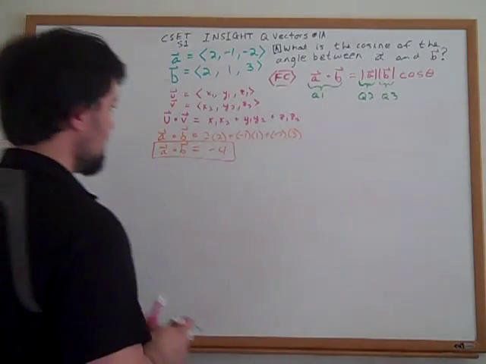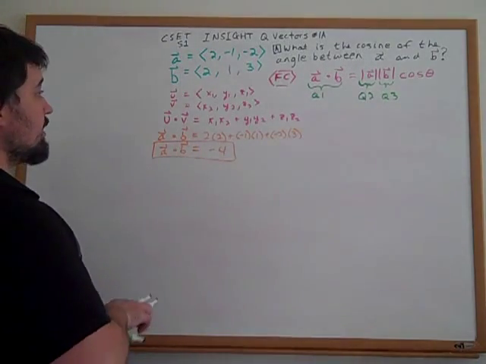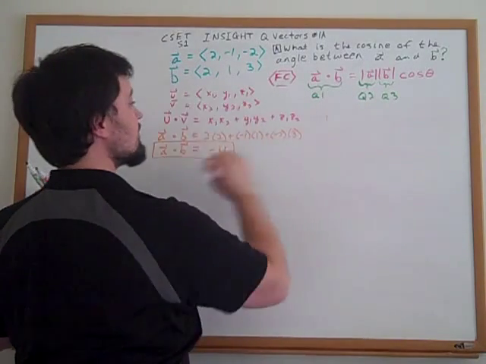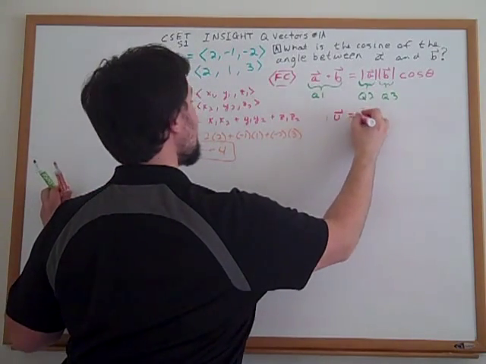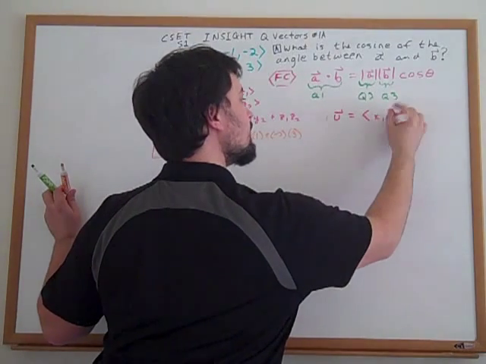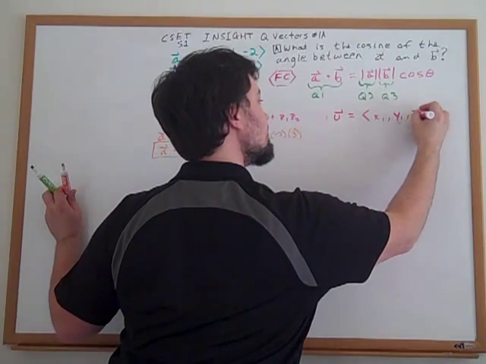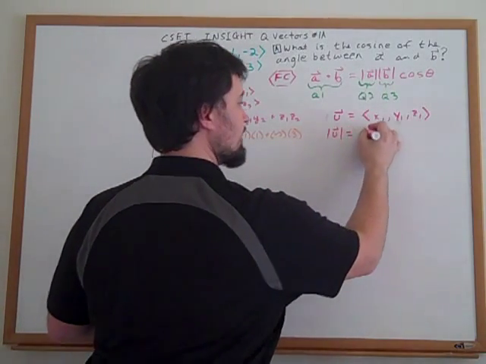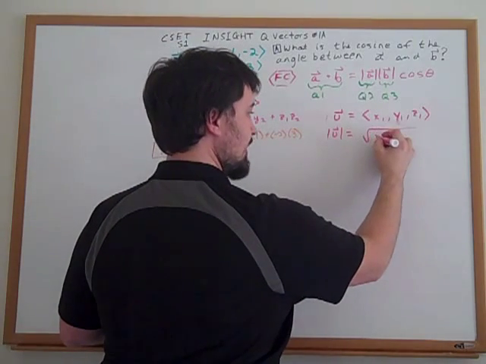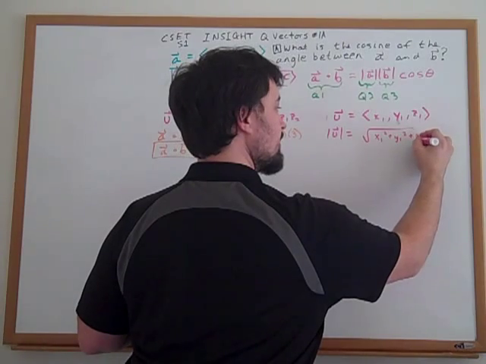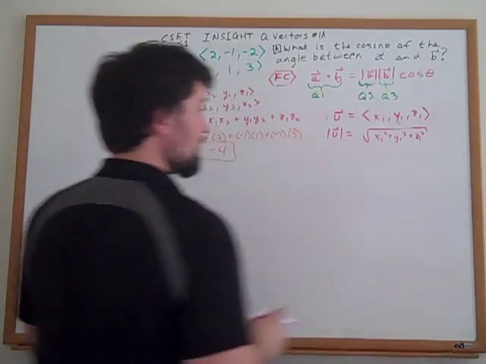So, it should be no small surprise then if we have a vector, let's again use just u, and that was x1, y1, z1. If we wish to find the magnitude of u, all we do is take the square root of the x coordinate squared plus the y coordinate squared plus the z coordinate squared, all of that under the root.